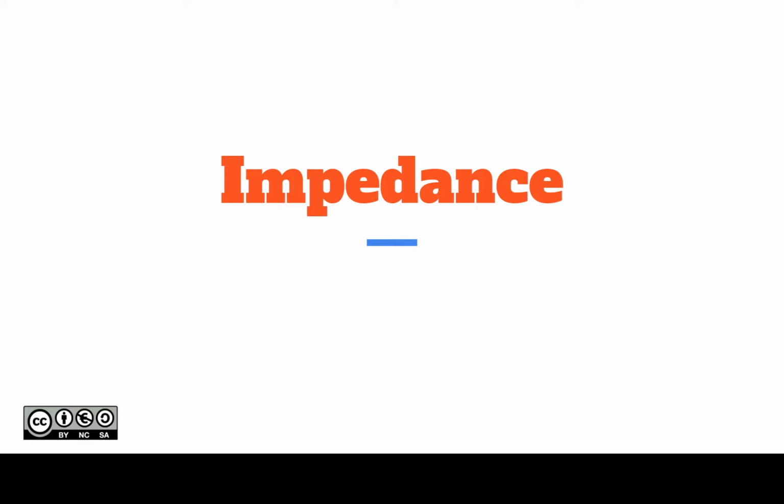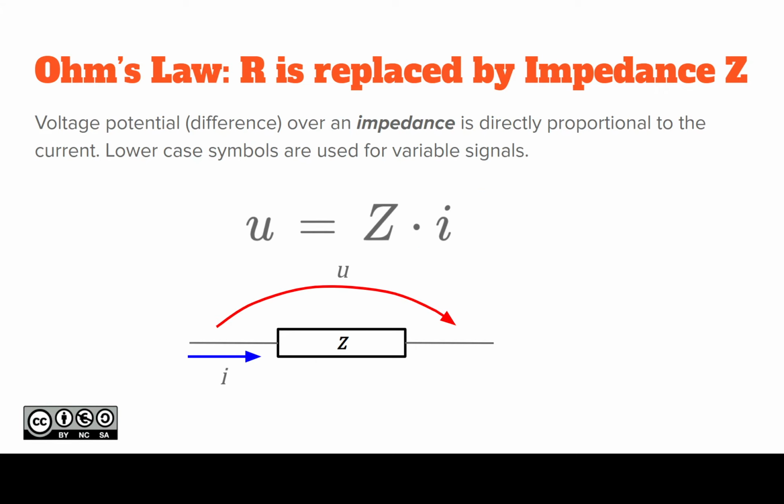Impedance. I already told you that on resistive circuits, the resistance is called the impedance. Here, with the capacitor and inductor, we are calling impedance Z. However, Ohm's law, for example, is the same.